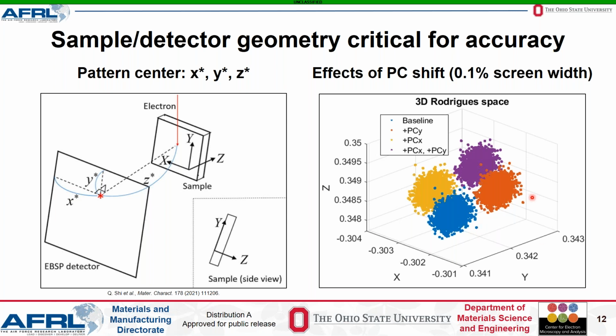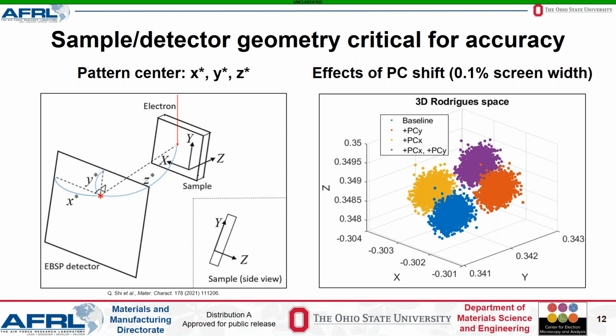In the figure on the right, I show a Rodrigues space plot of the orientation shift induced by artificially altering the pattern center y value, x value, or both x and y value by 1,000th of the detector screen width while analyzing a single set of raw patterns from a silicon wafer with spherical harmonic indexing.